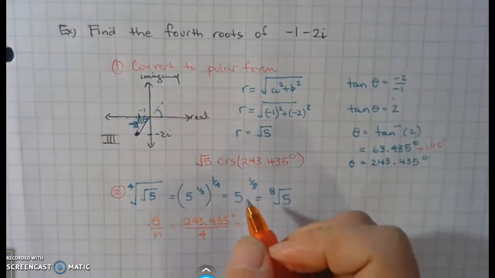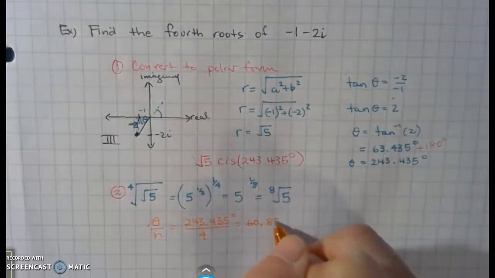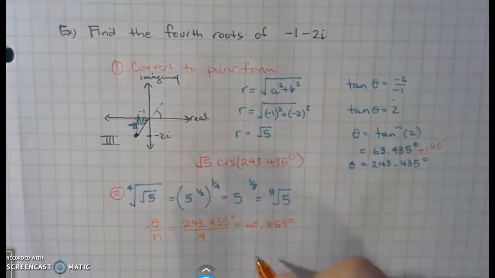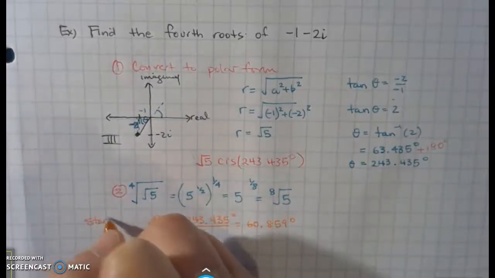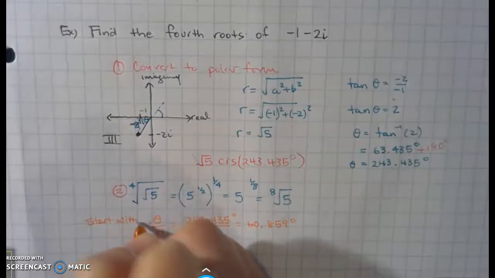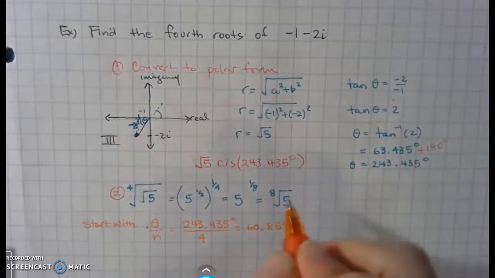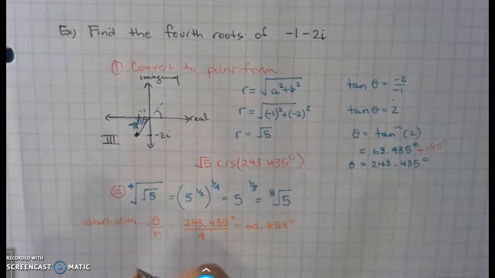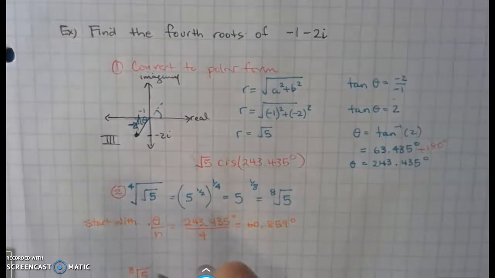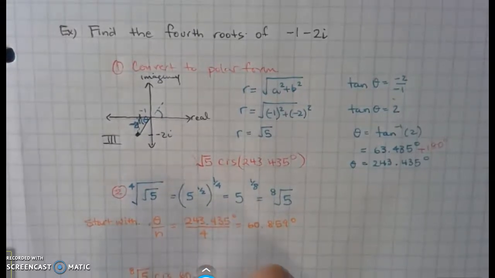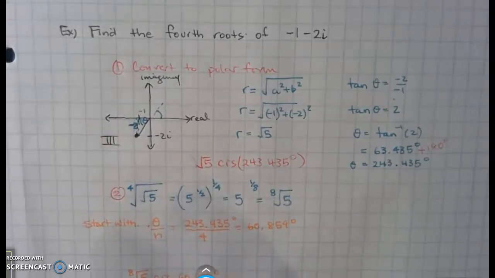If I divide that angle by 4, I get 60.859 degrees. So this is the angle that you're going to be starting with. That means my very first solution is going to be modulus the 8th root of 5, at 60.859 degrees. That's my very first solution.